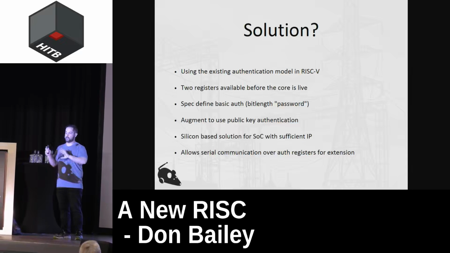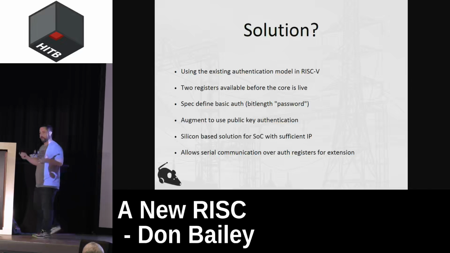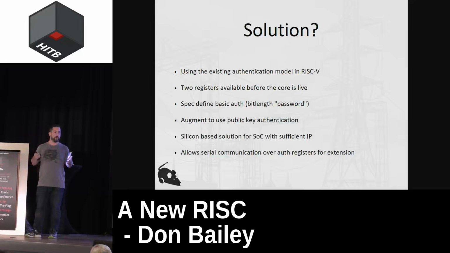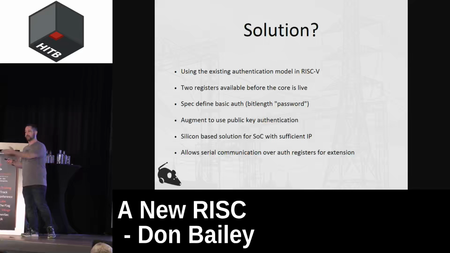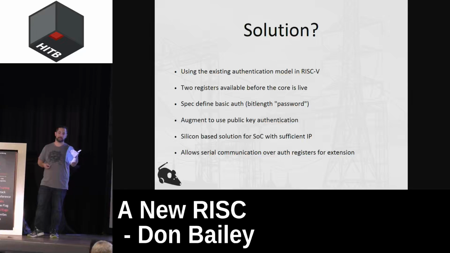So we've taken away this simple bit-based password scheme that's very common to embedded systems, and we've created a very resilient and easy to augment security model that uses essentially a serial port based in two accessible registers. All that data is then passed to IP in silicon that verifies the messages that are passed back and forth over these two registers.